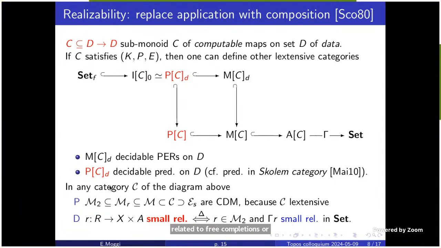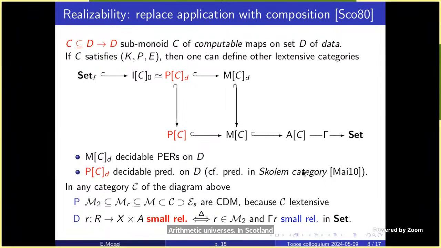Okay, I could certainly present it in terms of doctrines, because all these categories of display maps, at least the ones where you have monos, can be formulated as doctrines. Regarding free completion, I'm not so sure. But let's say this category of decidable subobjects is very much related to your work on arithmetic universes in Cartesian categories.